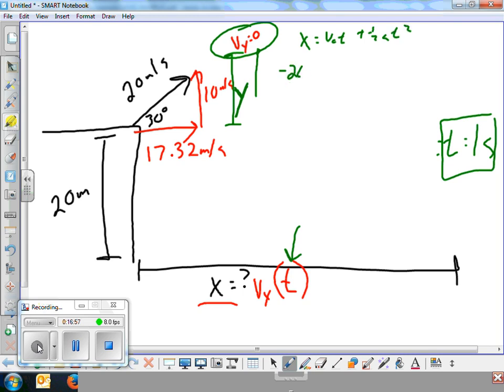X would be -20 from absolute beginning to absolute end, equals 10t minus 5t squared. We could put that into your computer and get 2 roots for, you know, possible time answers. And that's fine. You can use the quadratic equation if you want. That works.